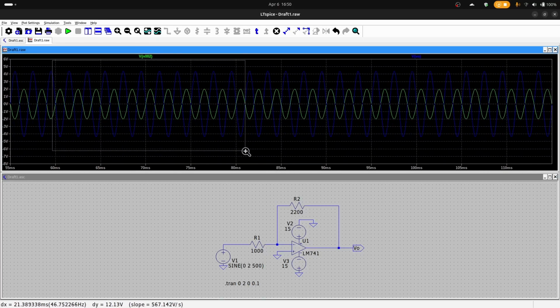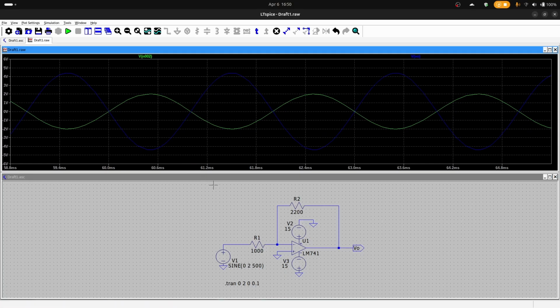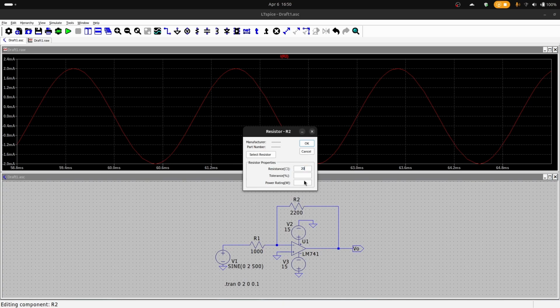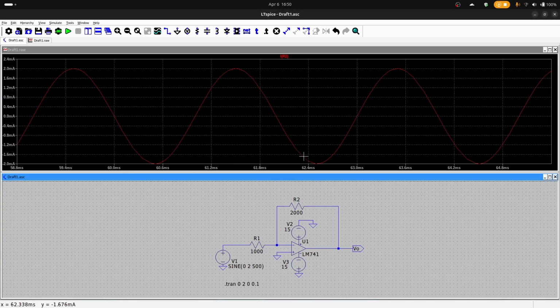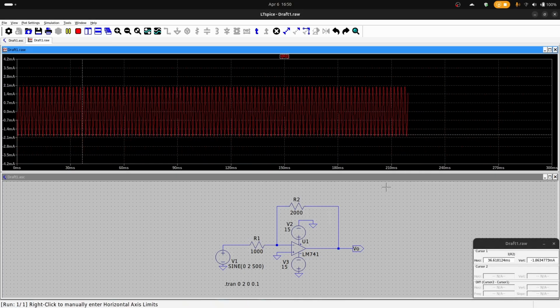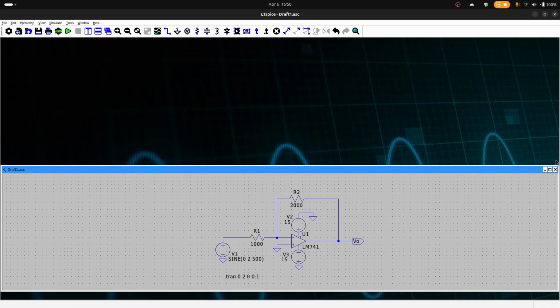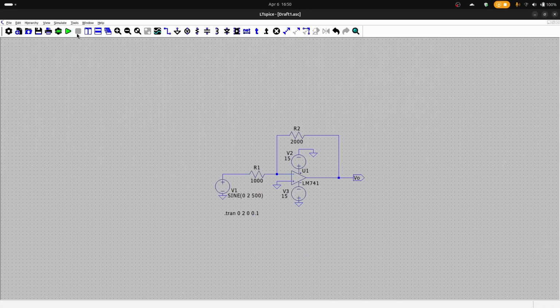So if I see my analysis here, I have used 2.2K, but if I just use 2K, I should get a clean multiple of 2 waveform here. And we'll simulate that again. Okay, that is a bit problematic.